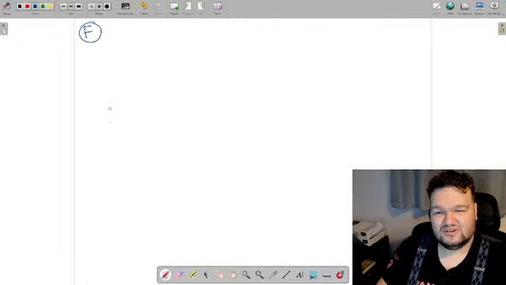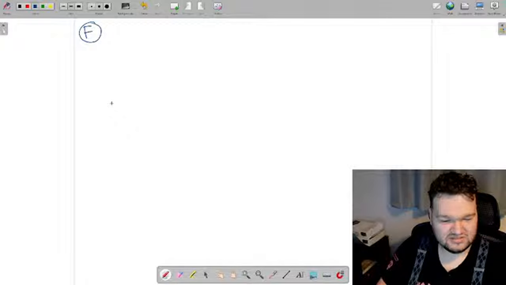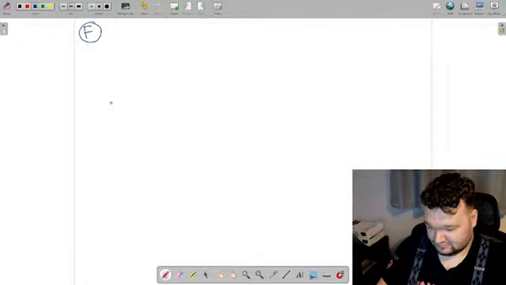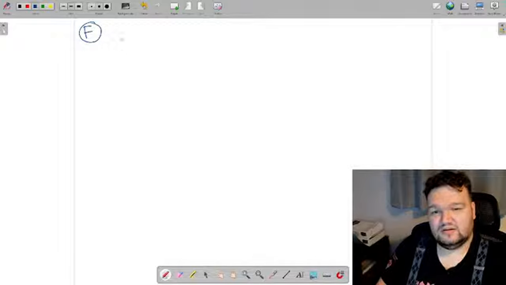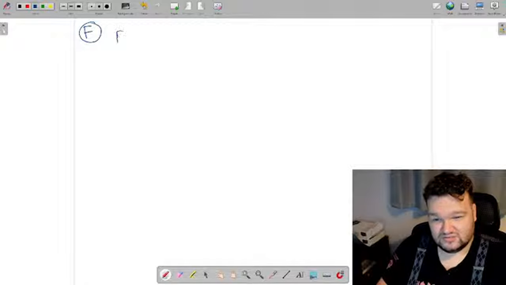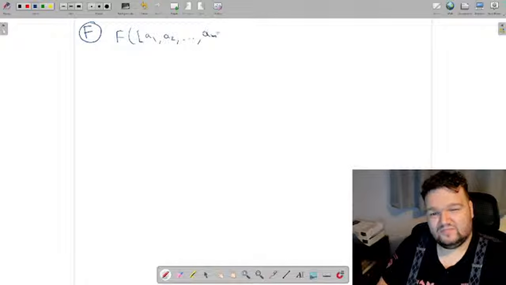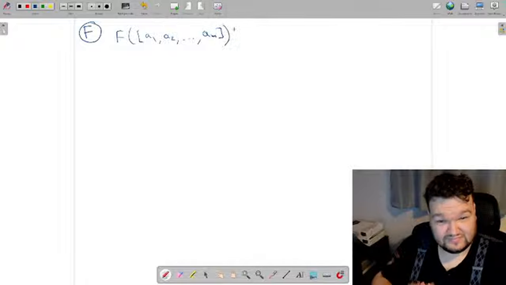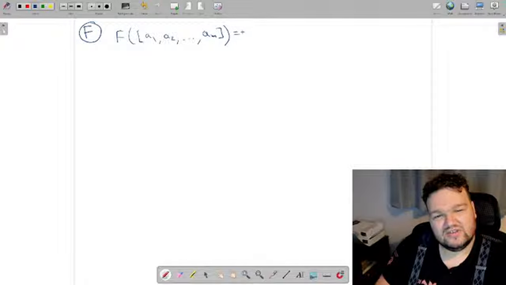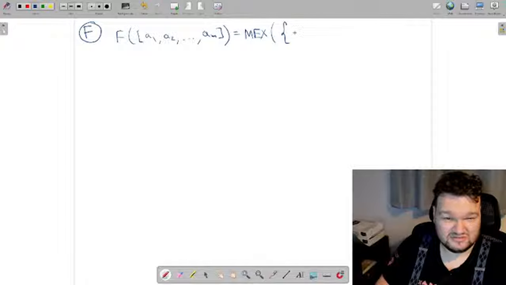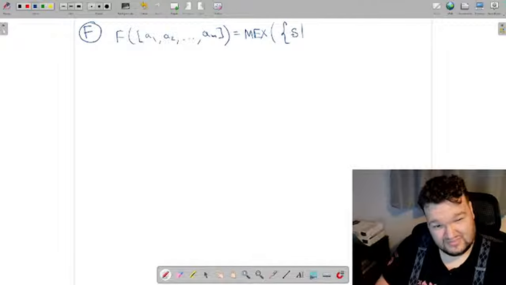Okay, problem F. Problem F is nice. So we are defining a function of an array as, basically, the min excluded of the set of sums.